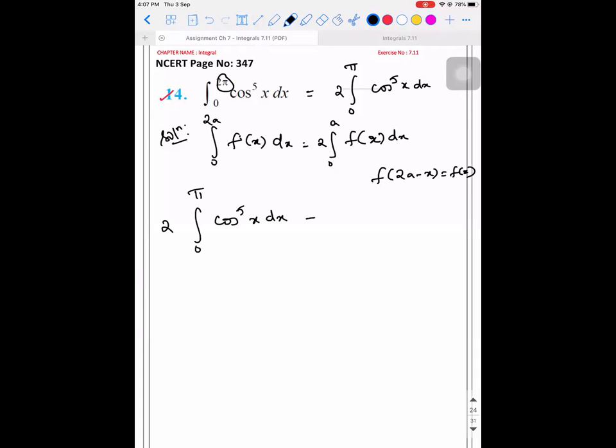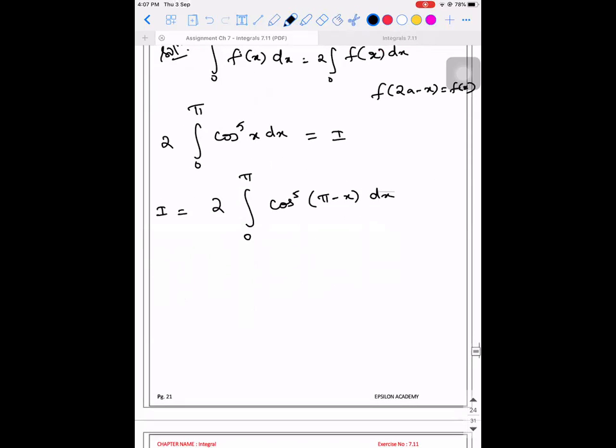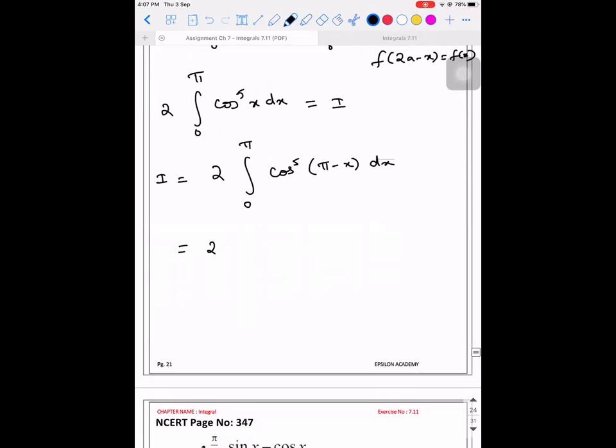Correct? So if I take this as I, then the same I will be equal to 2 times. Now I'm going to apply the other property f of a minus x dx. So it will be 0 to pi cos power 5 into pi minus x dx. Okay. So 2 times, what is cos pi minus x?